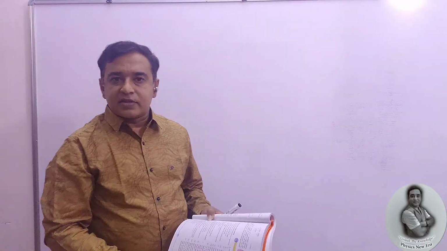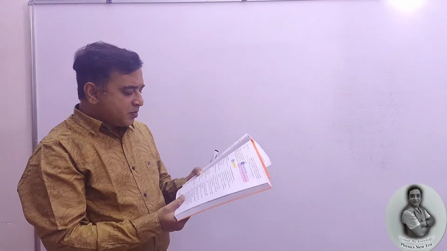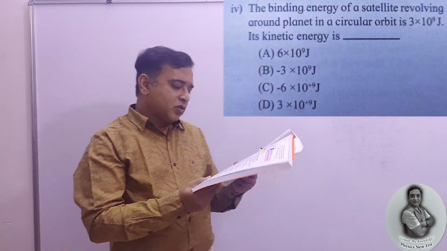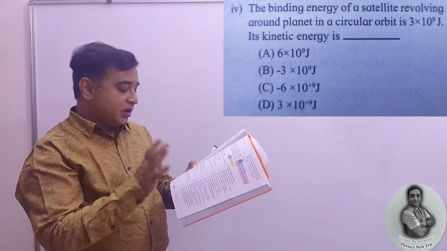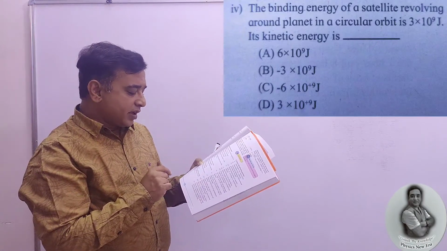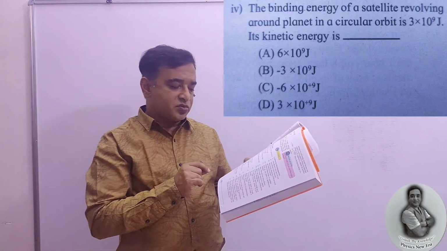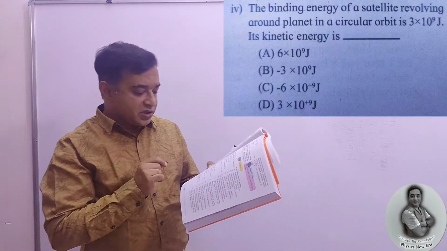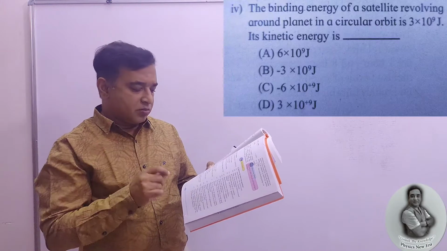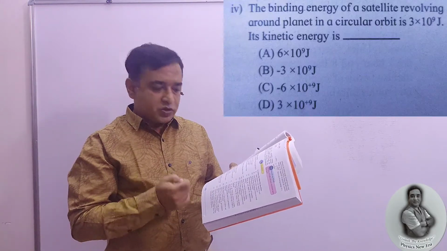Now let us take the last MCQ. That is, the binding energy of the satellite revolving around the planet in a circular orbit is 3 into 10 raised to power 9 joule. The kinetic energy is dash. Option A, 6 into 10 raised to power 9 joule.